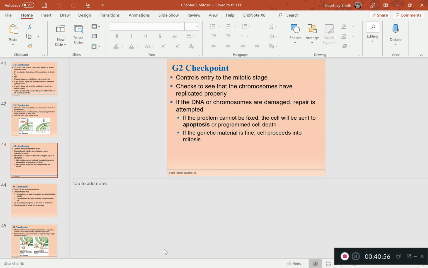If the chromosomes are damaged, then they will attempt to repair. If they cannot be repaired, then the cell will undergo programmed cell death, which is apoptosis. But if the genetic material is deemed fit for duty, then the cell will continue on into mitosis. So that's the G2 checkpoint.